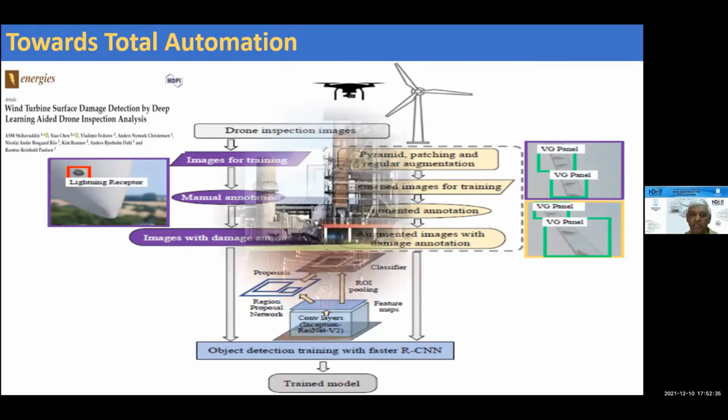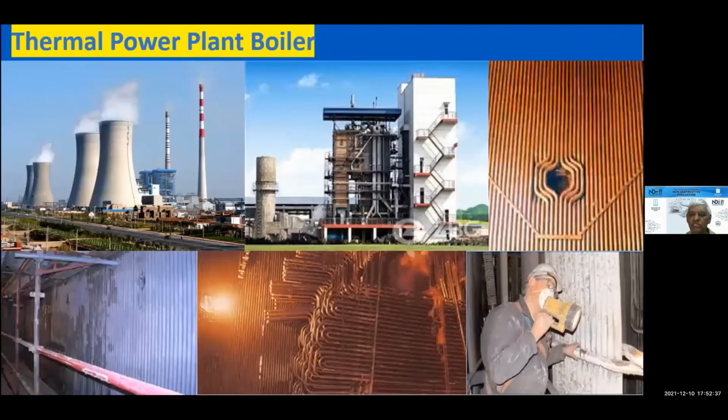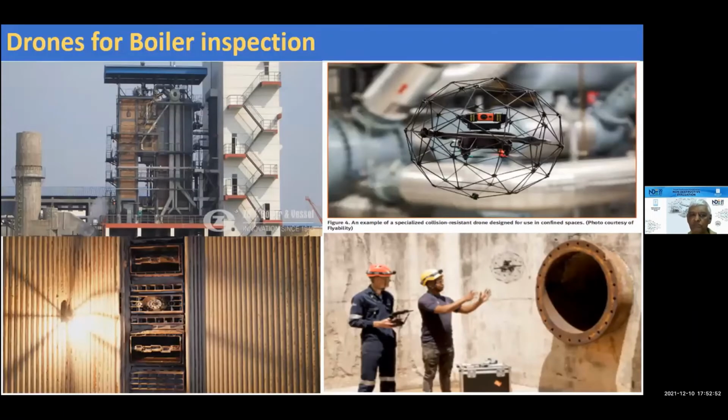Thermal power plant boilers, they are huge structures, several 3-4 stories tall, with a huge number of tubes inside. Typically, they put up scaffolding, and then a guy will go inside and climb and do like what you're seeing here. Now, that entire thing today can be done with drones. So you send a drone with visual cameras, high definition cameras into this boiler, like you can see in the bottom photograph.